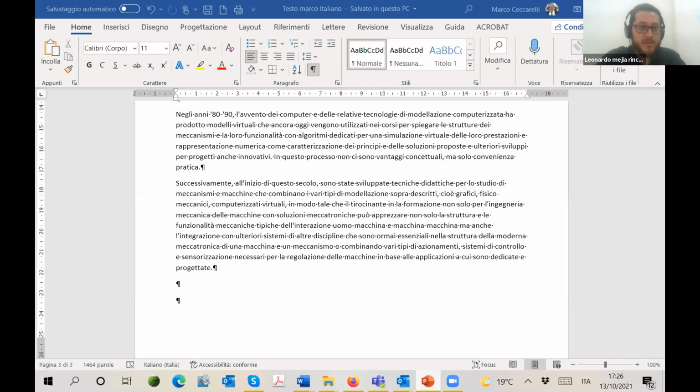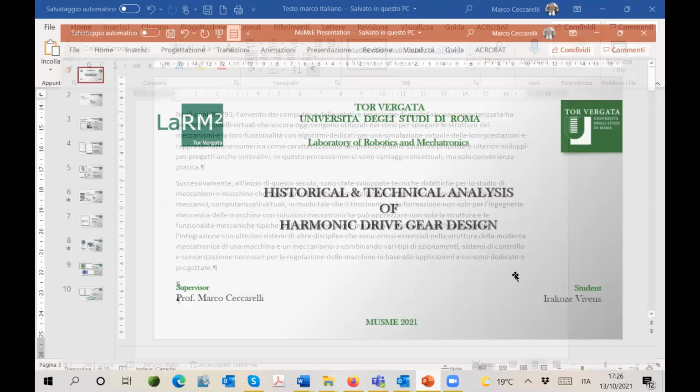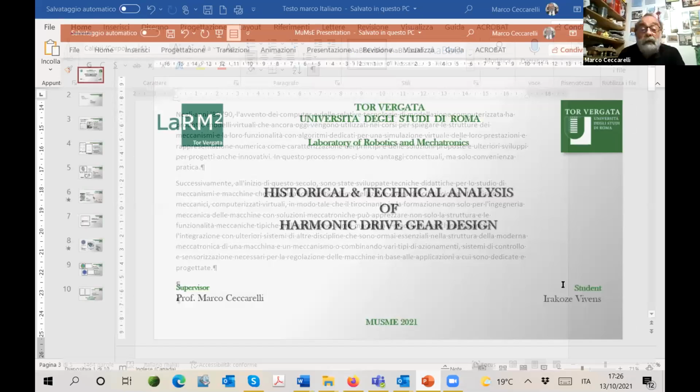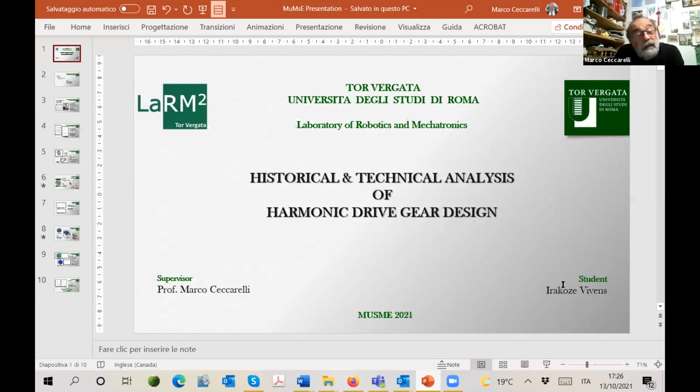Also, my connection is not so good, but I hope it will be enough. So this is a student paper from Irakose Vivens. He is a student of the International Curriculum at University Tor Vergata on Engineering Science, and he did his bachelor thesis on the historical technical analysis of harmonic drive gear design.